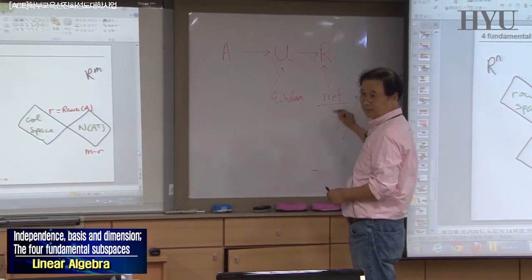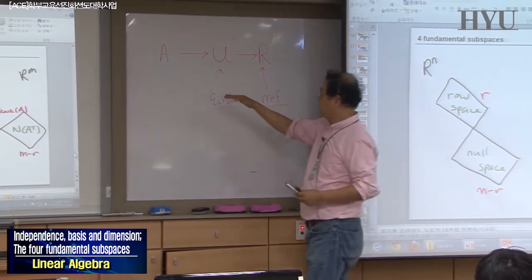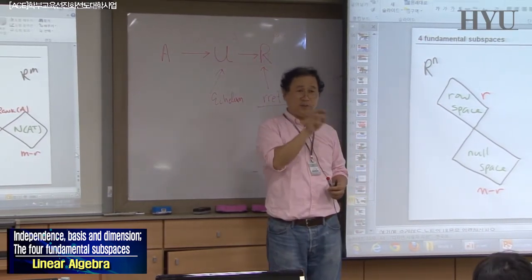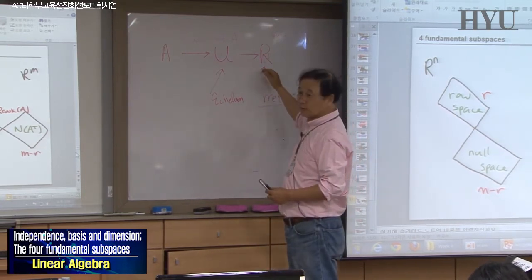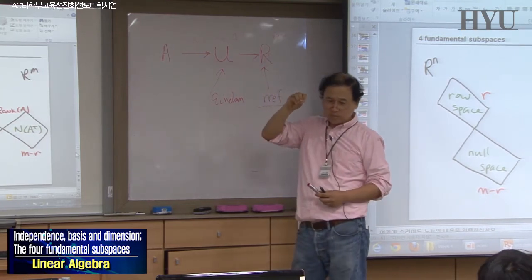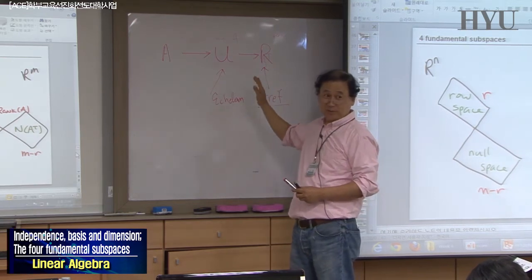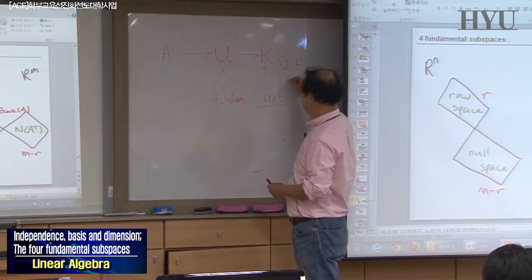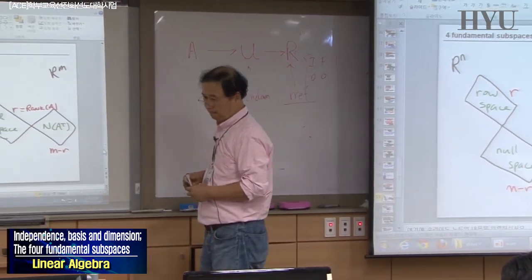So we transform from the original matrix this way. From here, we find the pivots, then go further and make each pivot variable 1, and the others 0, that kind of form. So that's the space.